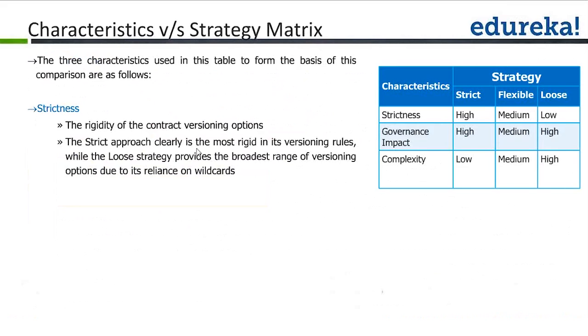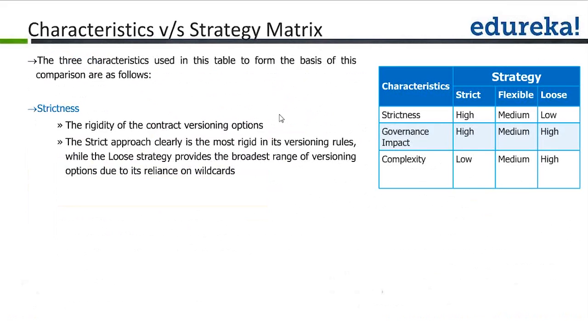So we have already discussed the strategies, but the new thing which you will see here is the characteristics: strictness, governance, impact and complexity. We already knew what is strict, flexible and loose in terms of versioning strategy, but now we'll try to understand what these characteristics are.